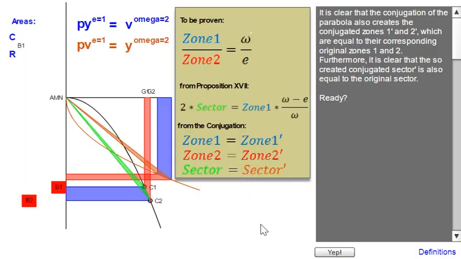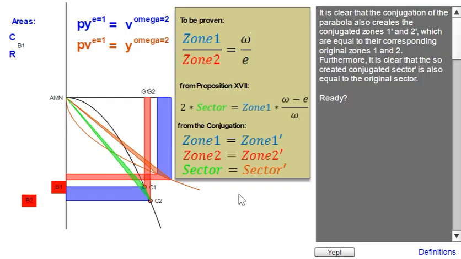And now it is clear that the sector, which stands in this relationship up here with the zone 1, the same type of relationship must be valid between the sector dash and the zone 2 dash, because it's also a sector which stands in a relationship to a segment of a curve, just that the curve is not the parabola anymore but the conjugated parabola.